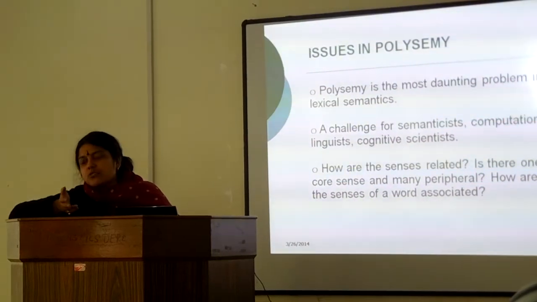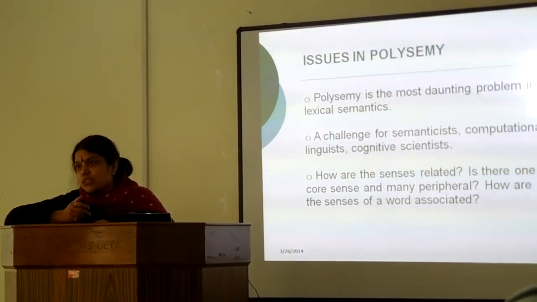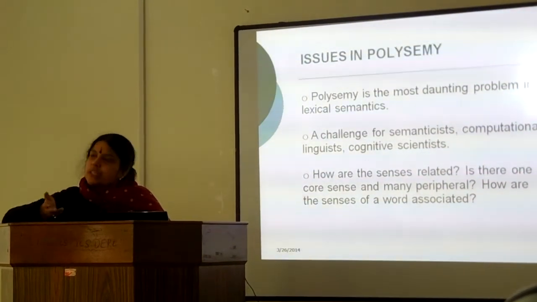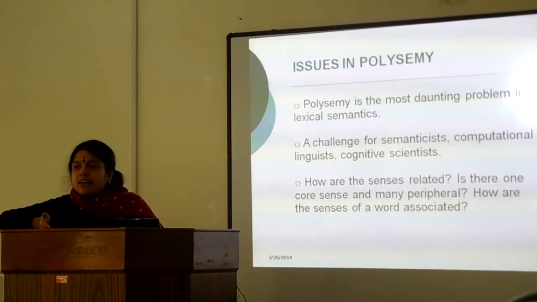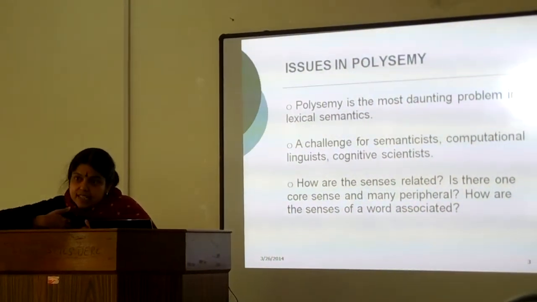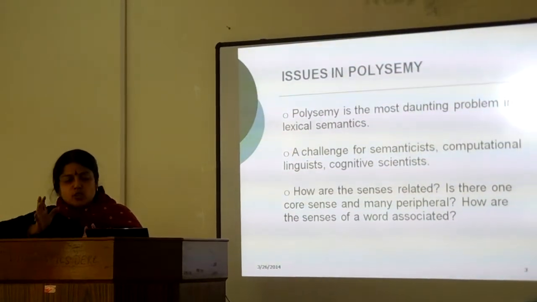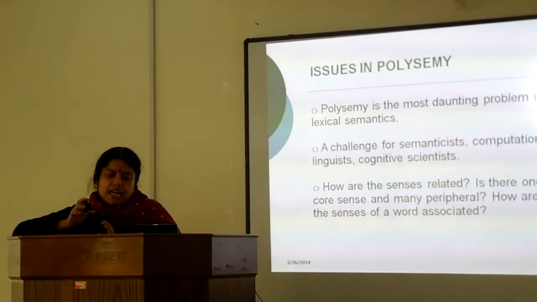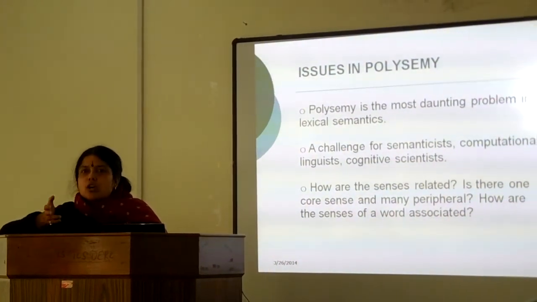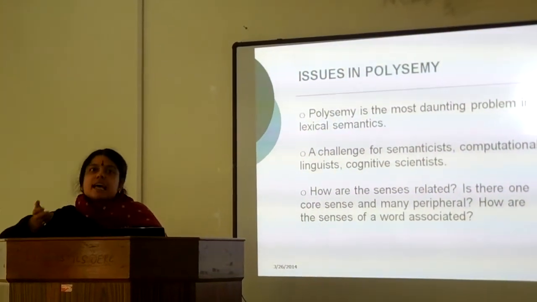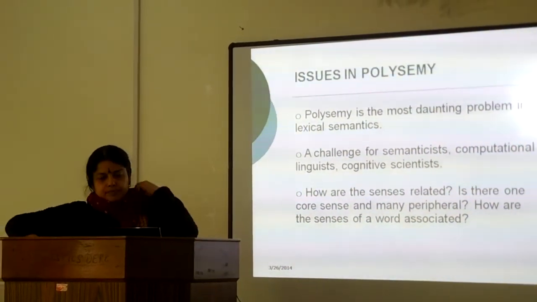So linguists try to understand language cognition, how we produce language, how we understand each other. As linguists, we are part of this cognitive science enterprise. So understanding polysemy from the point of view of cognitive psychology is another big challenge. Cognitive scientists are also bothered with this.